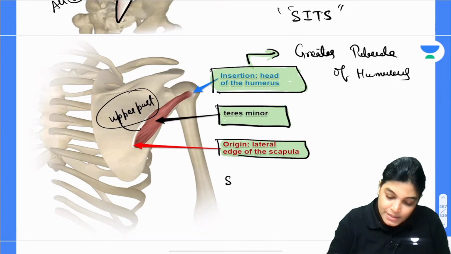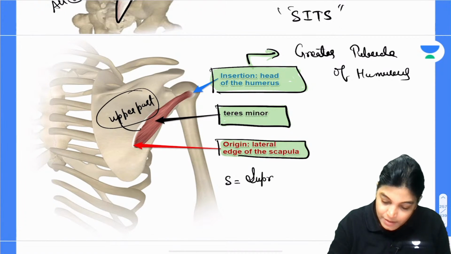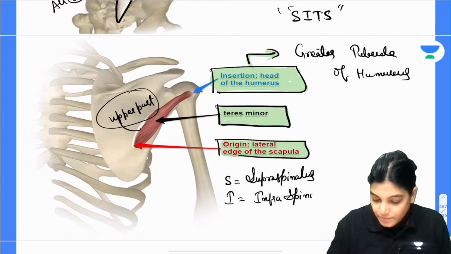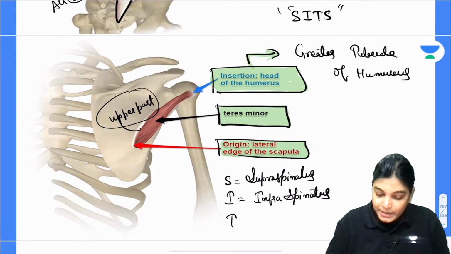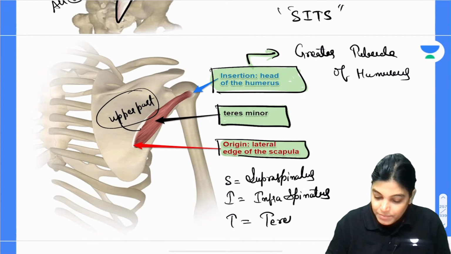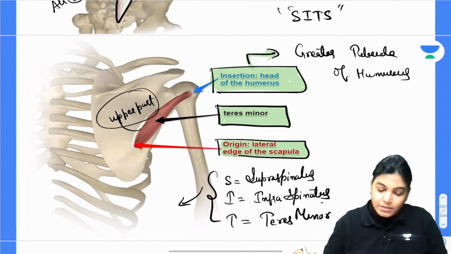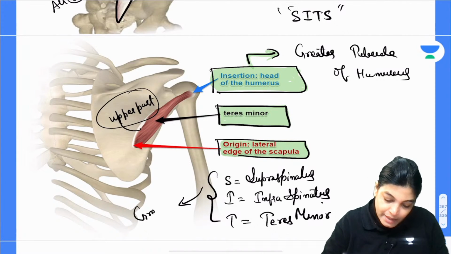Here S stands for supraspinatus muscle, I for infraspinatus muscle, and T for teres minor muscle. So these three muscles, teres minor, supraspinatus and infraspinatus, together insert into the greater tubercle of humerus.